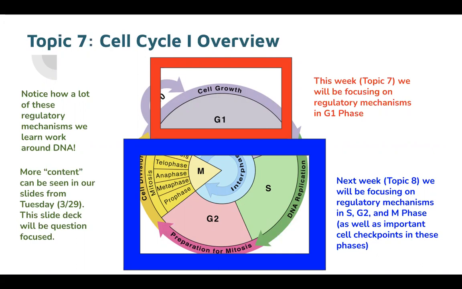Next week, we're going to be talking about regulatory mechanisms as well as important cell checkpoints in S, G2, and M phase. So make sure you have a good understanding of this week's material because it's absolutely crucial for understanding next week's. Just make sure you really understand this week well.